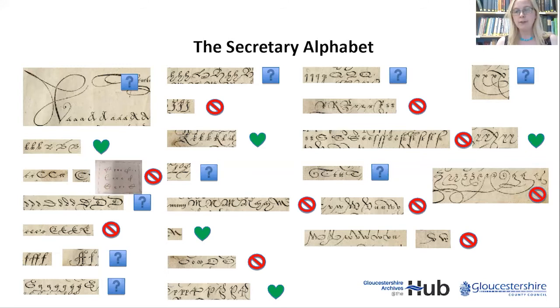And then at the top on the third column, we've got your Q's. Again, I've made those an intermediate difficulty because they can look so like G's, and the capital Q's could look like a capital O, for example. But luckily, you don't find many of those, so it doesn't really matter.